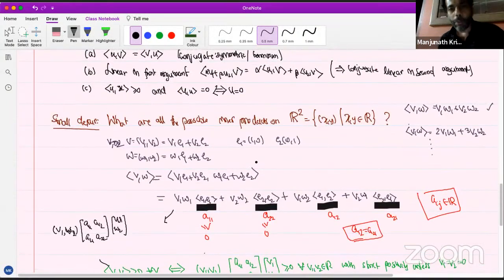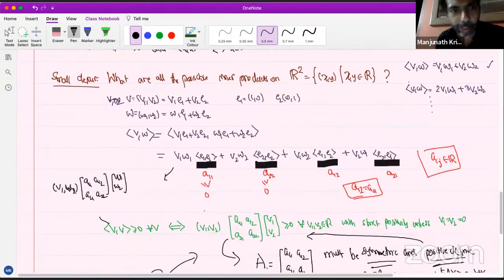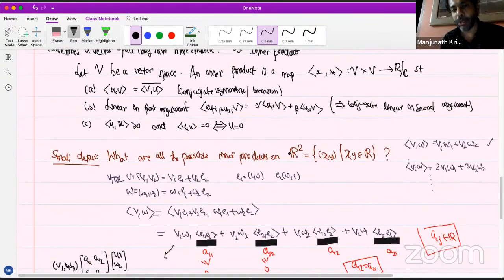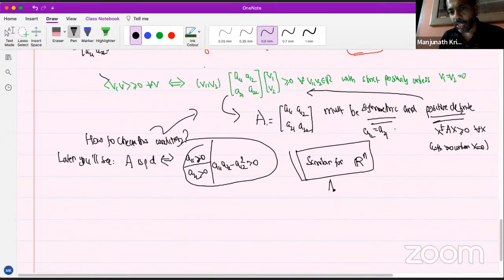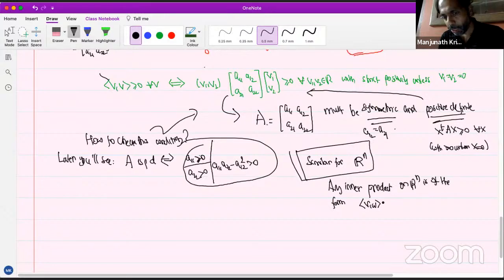Positive definite matrices are very natural, because if you ask what are all the possible inner products on Rn, any inner product on Rn is of the form V inner product W is V transpose A W for a positive definite matrix.